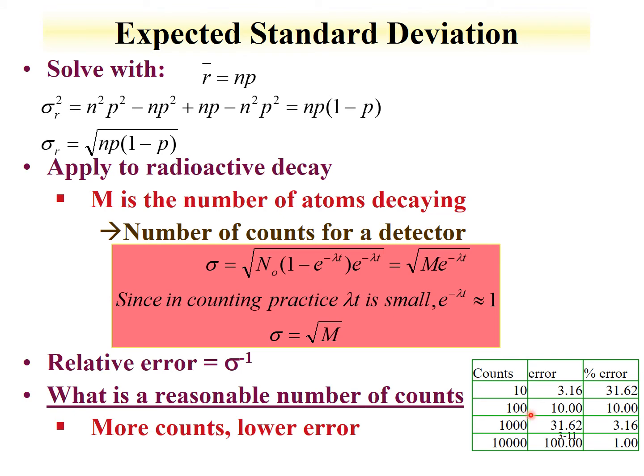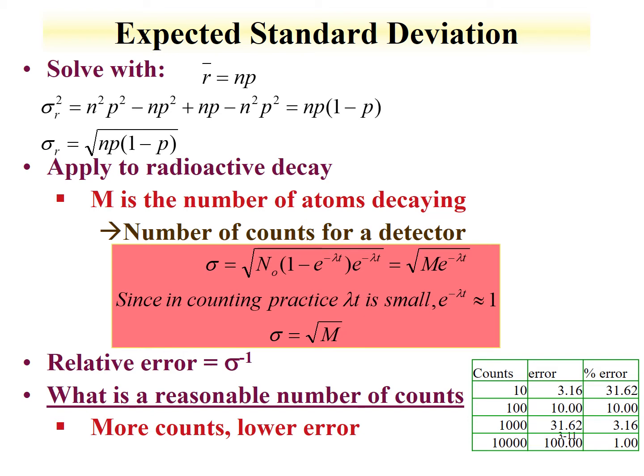Go to 100 counts, so 10 minutes, error is 10%. Go to 1,000 counts, so 100 minutes, error starts getting around 3%, and then 10,000 counts, the error is 1%. So this gives you an idea of how long you should count and what's a reasonable error.